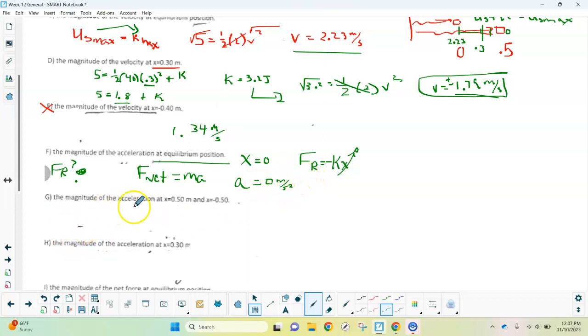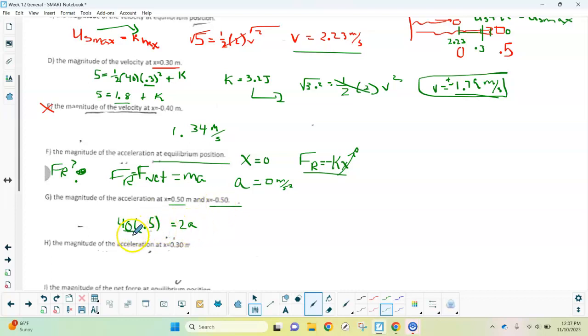Same idea here, but now we're looking at 0.5 or negative 0.5 for those positions. So again, we're going to use the restoring force is basically the net force, and we can set that equal to ma. We'll just do it as positive. So 40 times the maximum position, 0.5, equals the mass, which is 2, times a, which is what we're looking for.